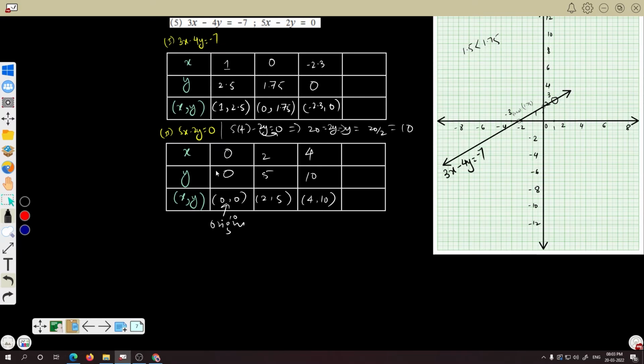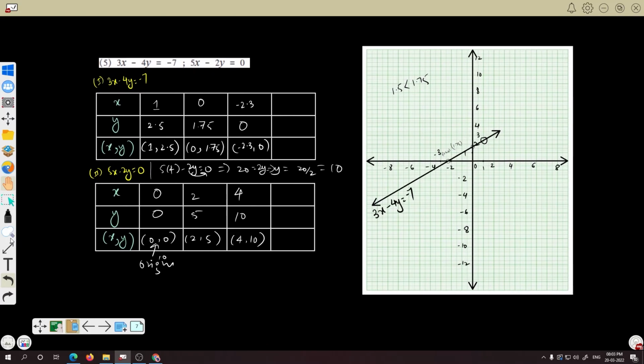Looking at the next equation, the coordinates are 0 comma 0. So the first point is exactly the origin, so no issue with this. Second point is 2 comma 5. Exactly at this point on the positive x-axis, this is 2 and 5 lies between 4 and 6.